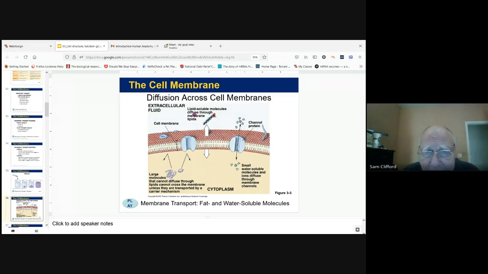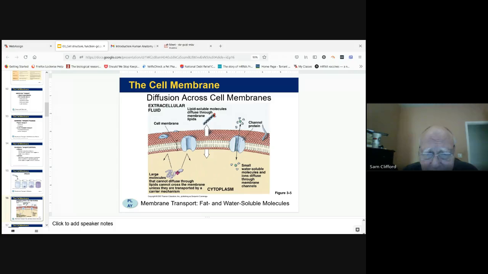So if you have this lipid bilayer, some molecules that are lipid soluble can go in and out. Other large molecules or charged molecules depend on protein channels or protein pipes. So lipid soluble molecules like fatty acids are able to move in and out.